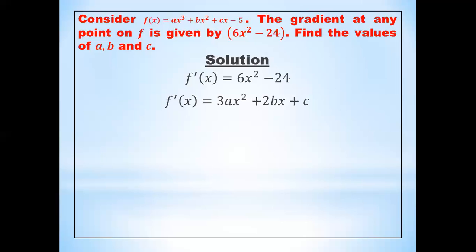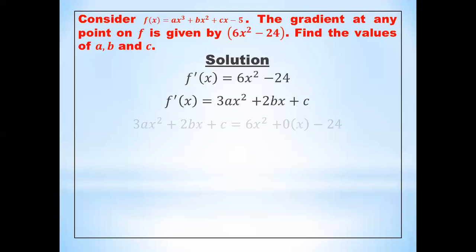So we have 3ax squared. You always have to subtract 1 from the power after multiplying the same power by the coefficient of the base. So it is 3ax squared plus 2bx plus c. As for the minus 5, it's a constant. So the derivative of any constant is 0. So the 5 is gone.